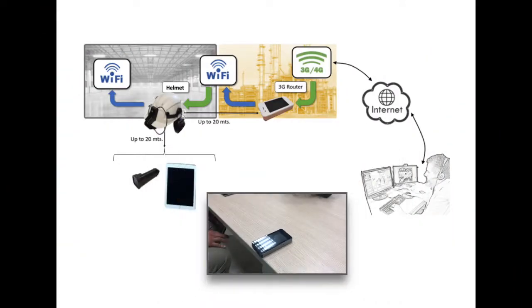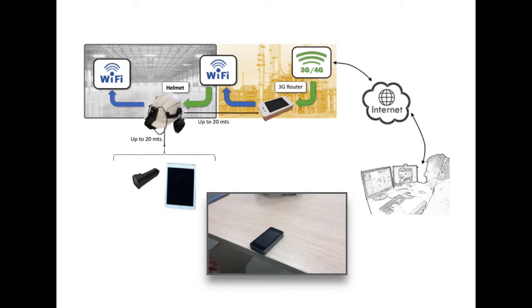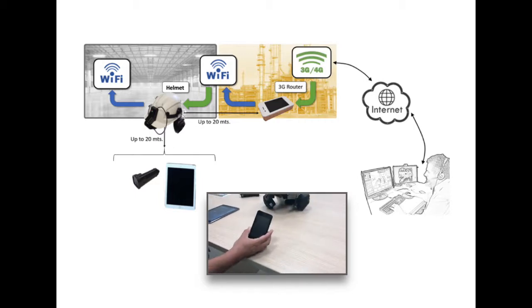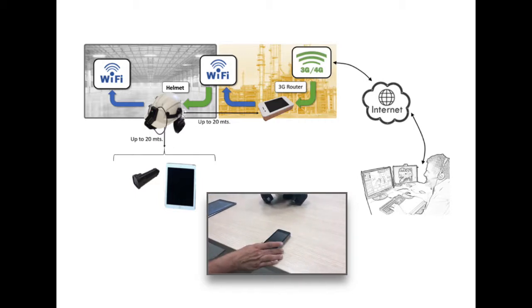Now, we have to understand how the system works. So, in order to ensure that the system can connect, we use this 3G router that basically provides connectivity to the whole system. The router will use, of course, the 3G network.